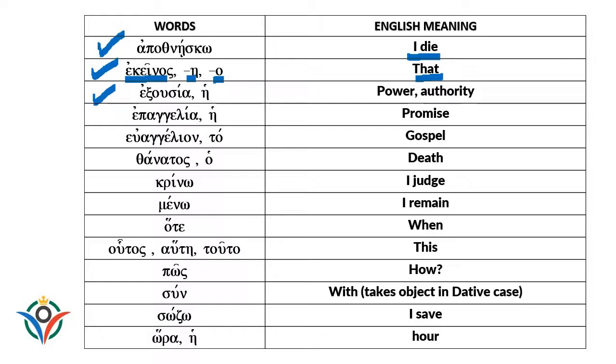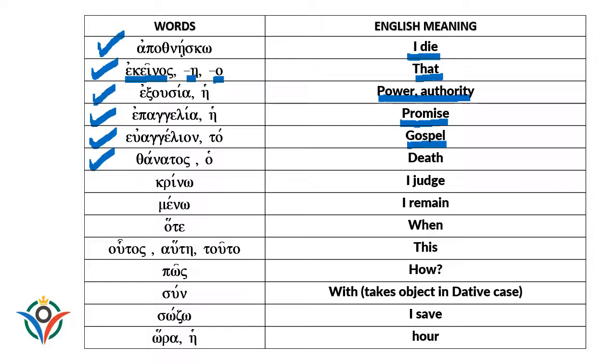The third word, we have exousia, which is power or authority. Our next word is epangelia, promise. Next we have euangelion, which is gospel.